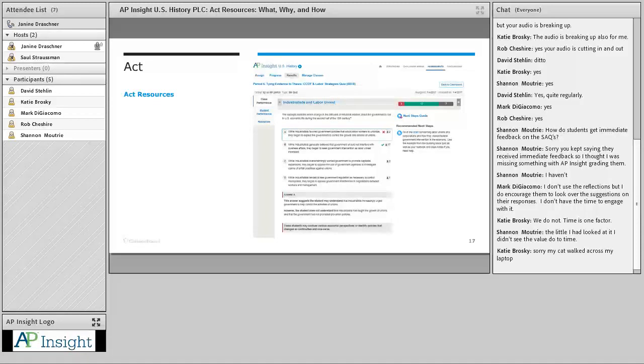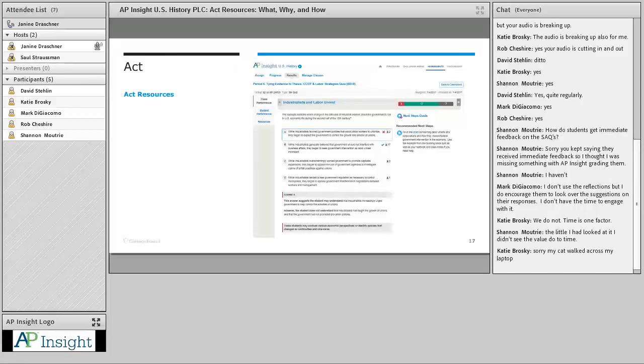But even if students get only minimal exposure to this type of analysis and self-reflection, I think it's a helpful introduction to the skills that will be important to them later in high school and in college and probably in life. It's a good habit. In any case, there's also a teacher version of the Next Steps guide that provides an opportunity for teachers to reflect about their practice as well.